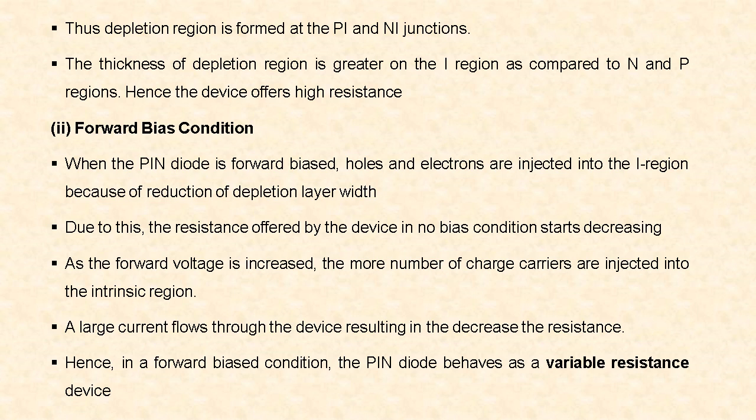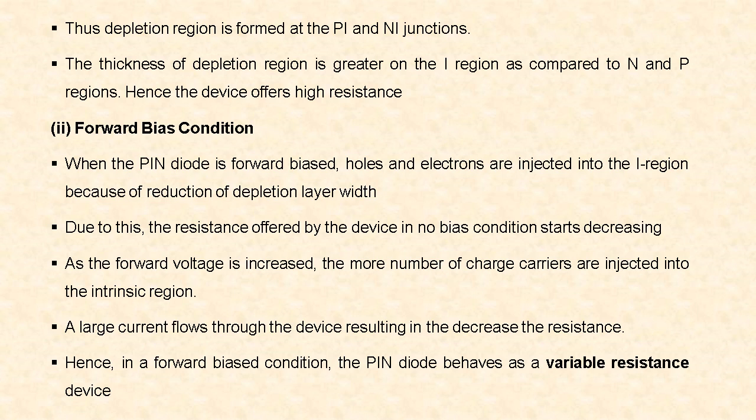Next, forward bias condition. When the PIN diode is forward biased, that is the positive terminal is connected to anode and the negative terminal is connected to cathode, the holes and electrons are injected into the I region because of reduction of depletion layer width. Since the depletion layer width reduces because of the applied voltage, the resistance offered by the device under no bias condition also starts decreasing.